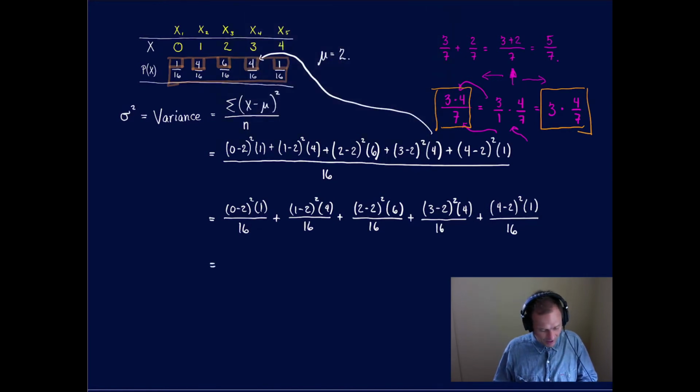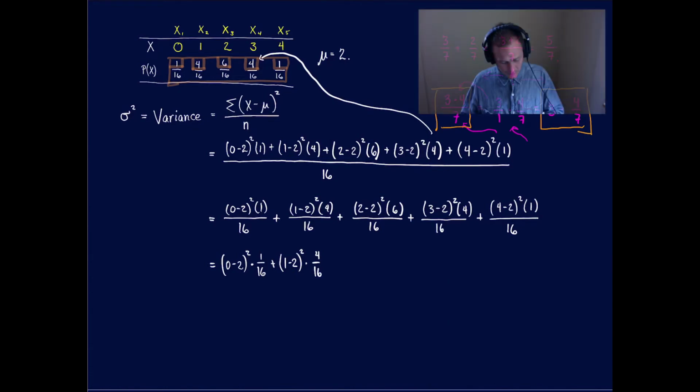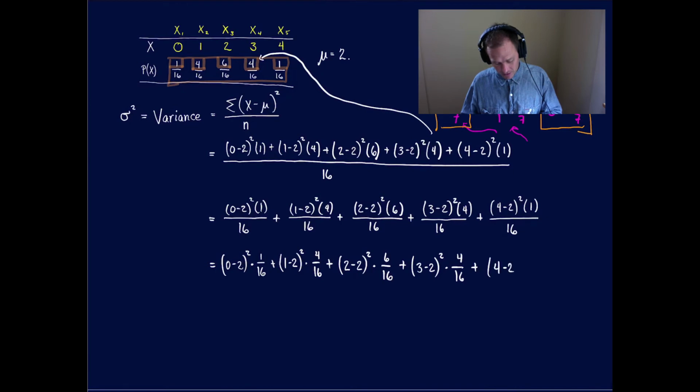I'm going to write this as, back to our equation now, (0 minus 2) squared times 1/16, plus (1 minus 2) squared times 4/16, plus (2 minus 2) squared times 6/16, plus (3 minus 2) squared times 4/16, plus (4 minus 2) squared times 1/16.